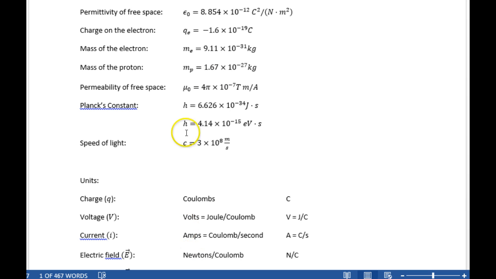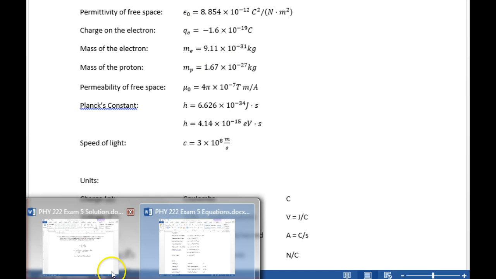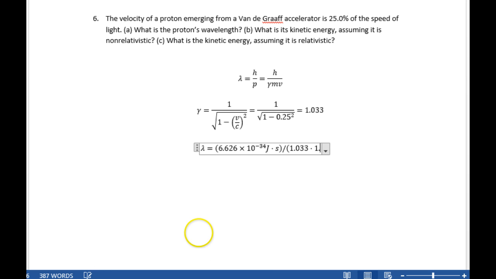Let's hop over to our constants. 1.67 times 10 to the minus 27 kilograms times the velocity of the proton, which is 0.25 times 3 times 10 to the 8th meters per second.